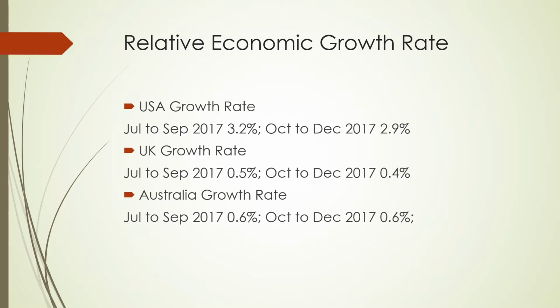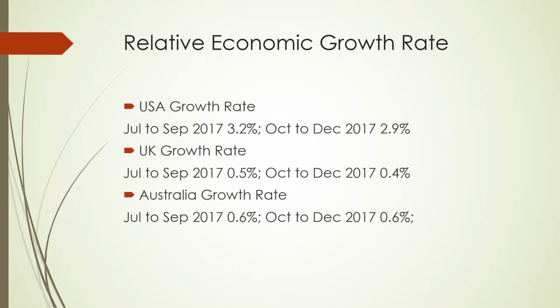According to the National Income and Product Accounts report released by the Bureau of Economic Analysis of the USA, the annualized GDP growth rate for Quarter 3 is 3.2% and decreased to 2.9% in Quarter 4. The UK's Office for National Statistics report shows 2017 Quarter 3's GDP growth rate is 0.5% and then decreased to 0.4% in Quarter 4.